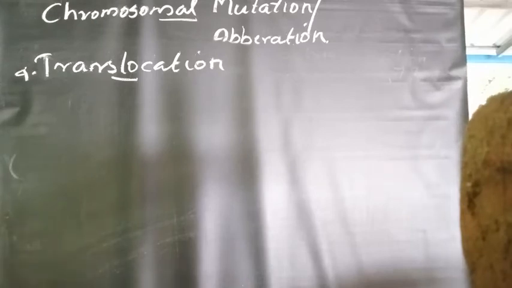Try to differentiate between crossing over and translocation. Crossing over is the breakage and reunion of segments of chromosome in homologous chromosomes.